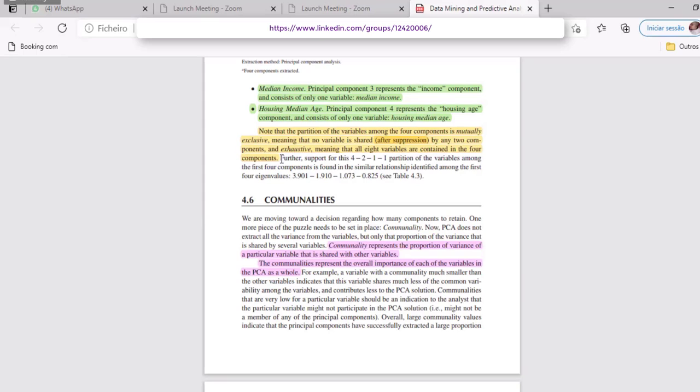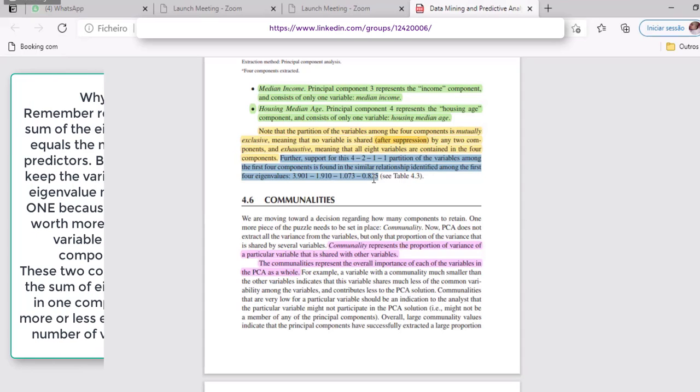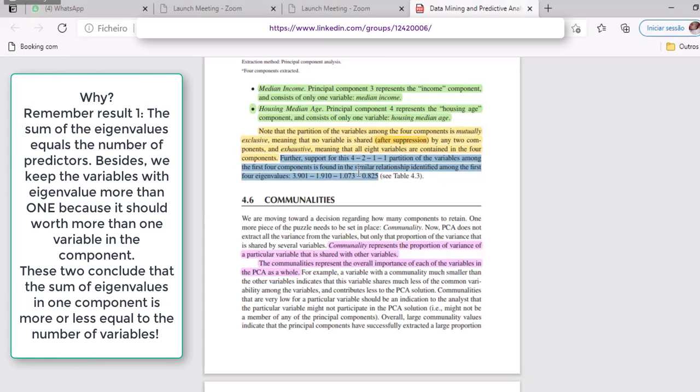I just like to highlight this sentence here, because you can see that the number of variables inside each component is very approximate to the eigenvalue of the components. This is one result of the PCA that we have seen.